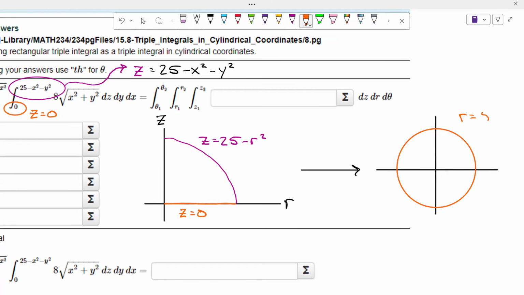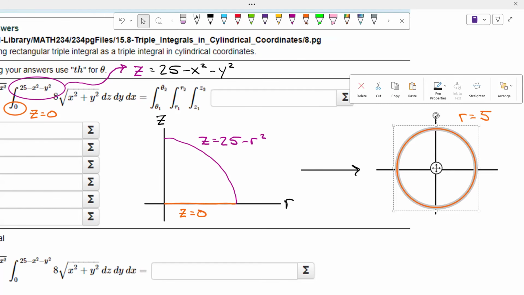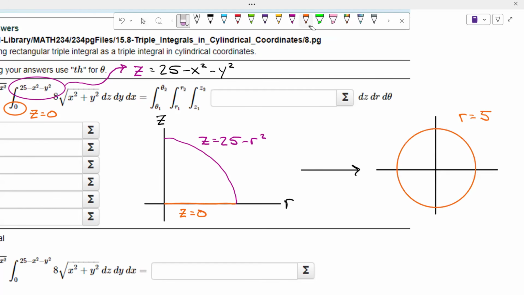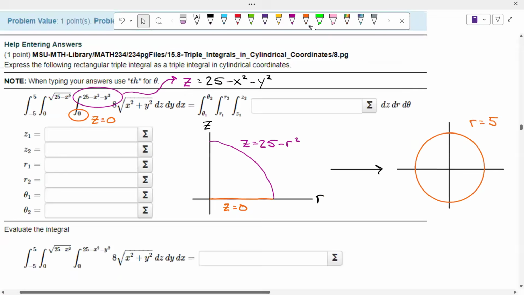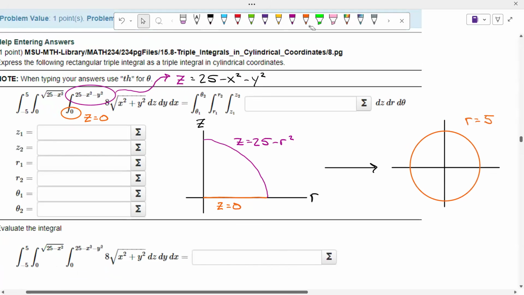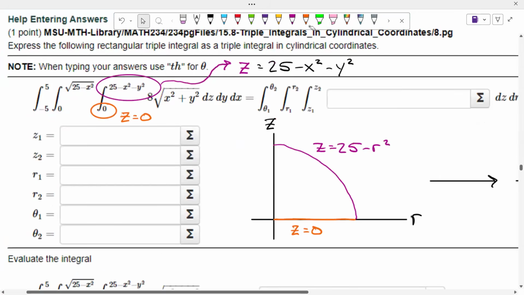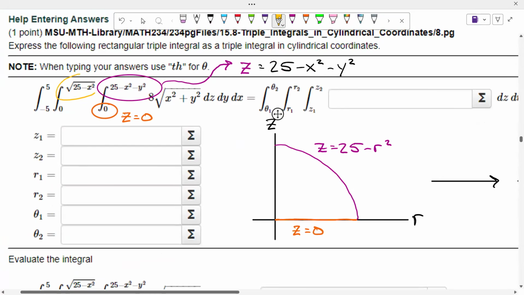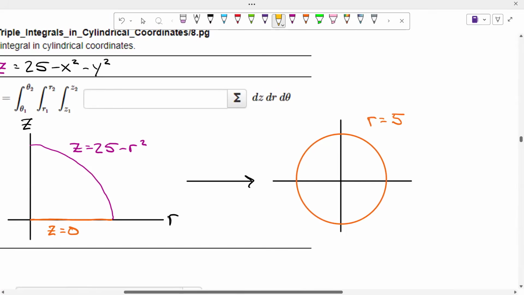R equals 0, r equals 5. Which we can also see if we look at our y integrals. So over here, I'll have a couple of equations: y equals the square root of 25 minus x squared, and also y equals 0.